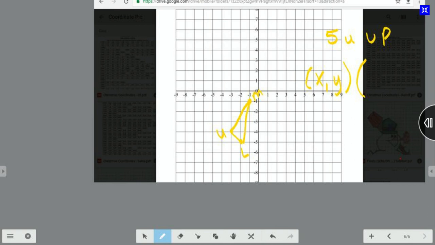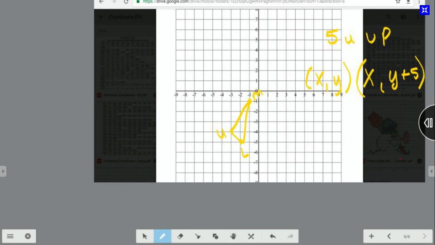What changes X? What moves change X? If I go left or right. Do I have a left or right up there? No. So my X is going to stay the same. What am I going to do to Y? There's your rule.